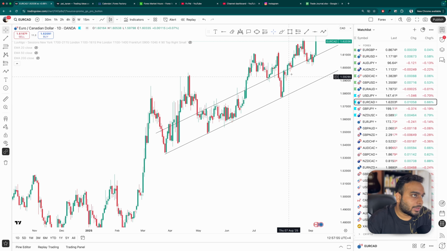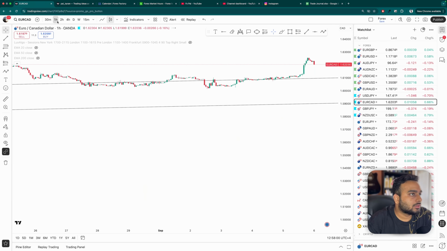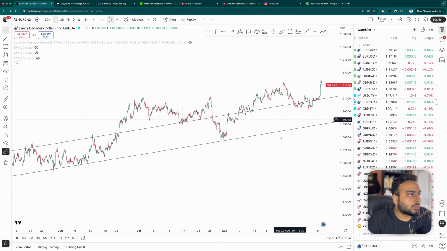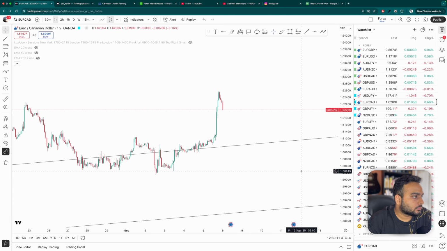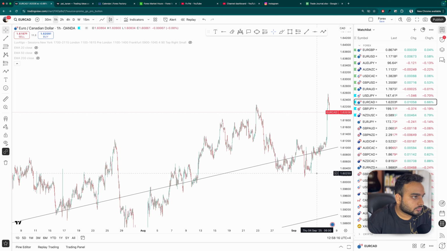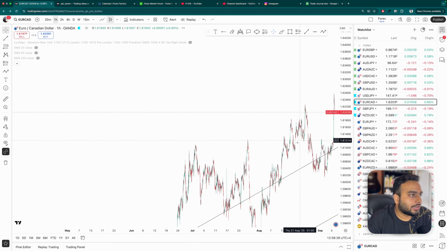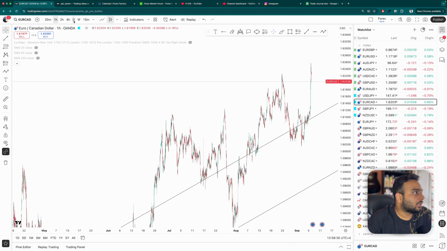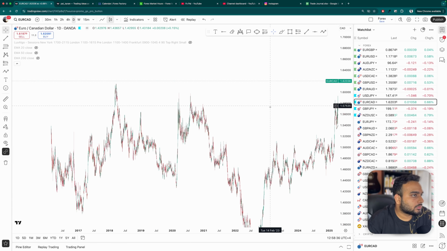So the price has rejected from right here, and if you were to enter a trade, this was the main breakout structure, but these were very small candles, so we would not have entered any trade right here. But let's see if there are any support and resistance levels I can mark.